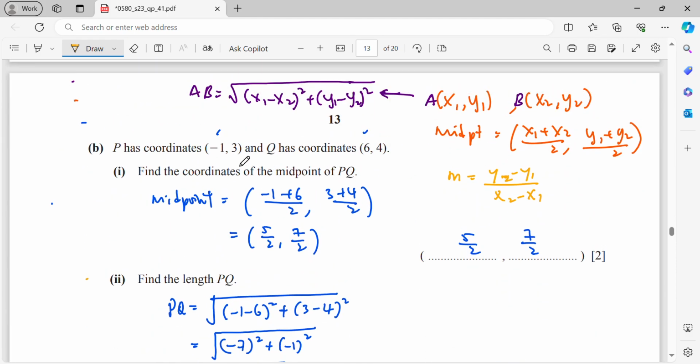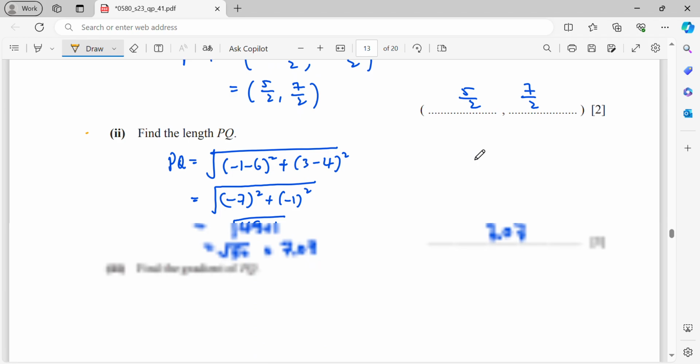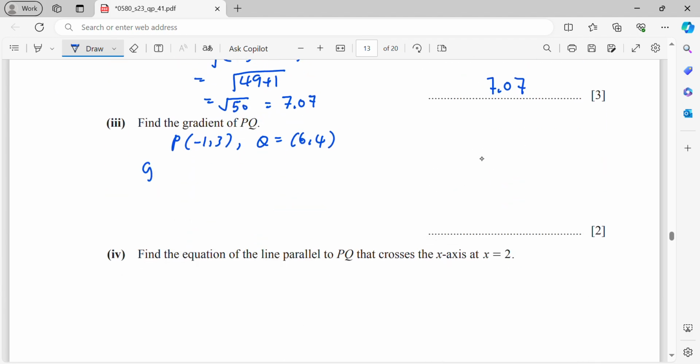Now since you have minus 1, 3, 6, 4, I will just write here. So gradient is basically the difference of the y, so 4 minus 3, over the difference of the x. Then here you get 1 over 7.